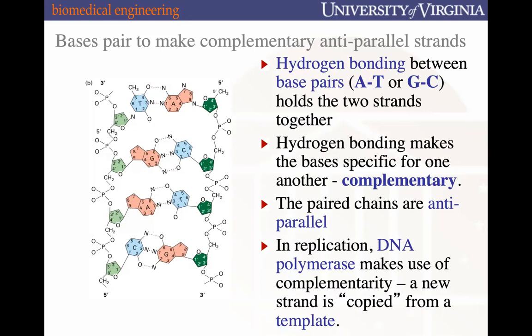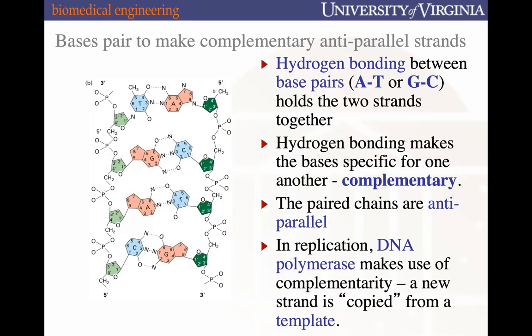And in addition to that, the paired complementary chains are anti-parallel. We described in the previous lecture how polypeptide chains have directionality, and that DNA strands have a directionality as well. It goes from the 5' to 3' end, but if you look on the complementary strand, it goes in the opposite direction.